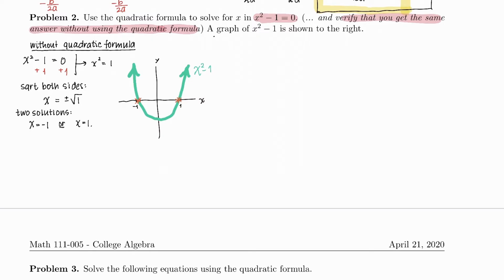Okay, so let's also do this using the quadratic formula.